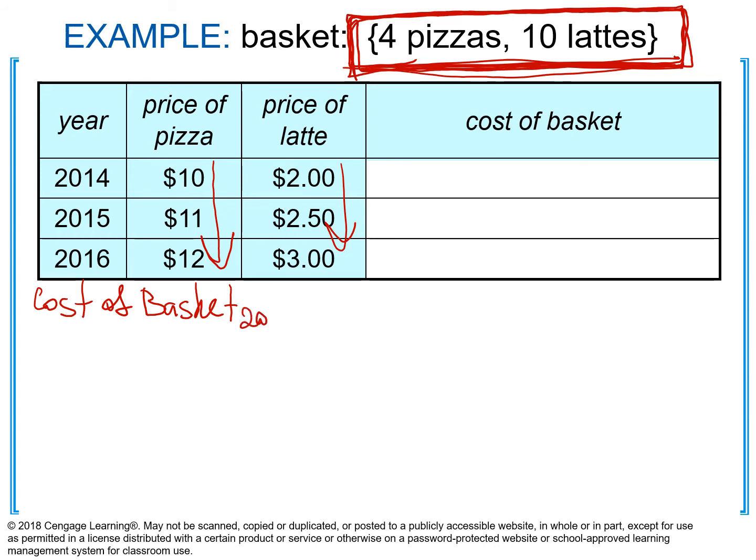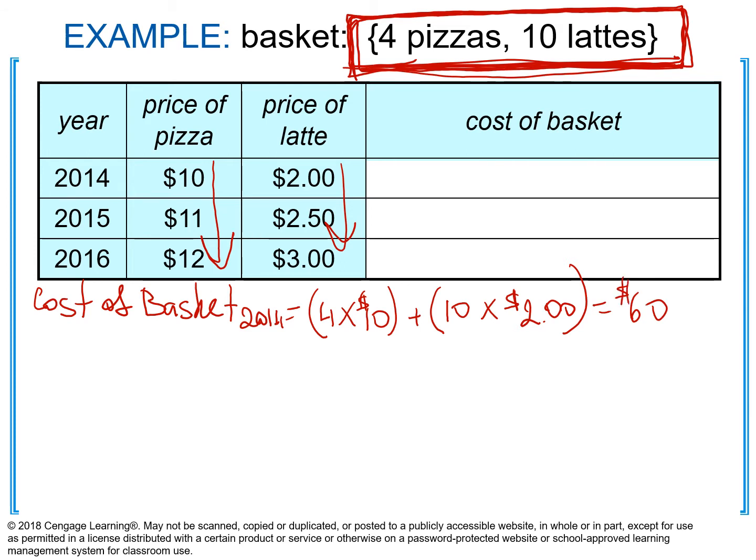For year 2014 is going to be, we're buying 4 pizzas and the price of each pizza is $10, plus in our very simple economy consumer purchasing 10 lattes, and the price of each latte is actually $2. If we're going to calculate it, the cost of the basket is going to be $60.